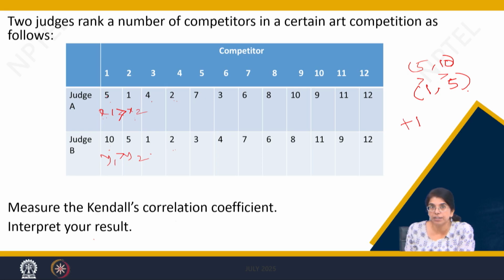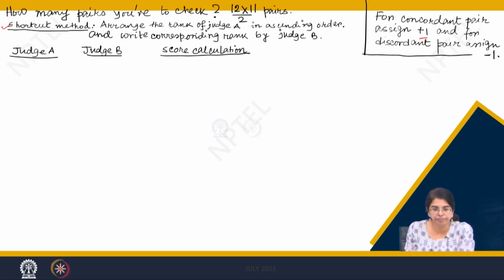What is that shortcut toolkit? Let us arrange the first observation ranks in ascending order, and the second ranks will come accordingly. So let us do that.